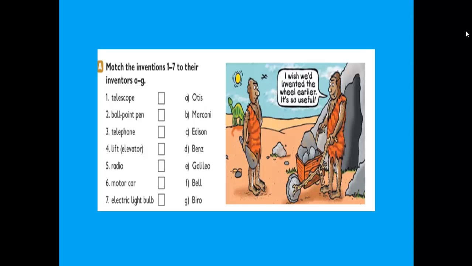On the second column we have Otis, Marconi, Edison, Benz, Galileo, Bell, and Biro.